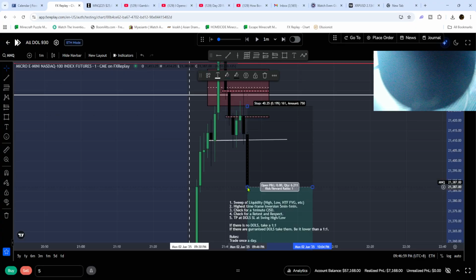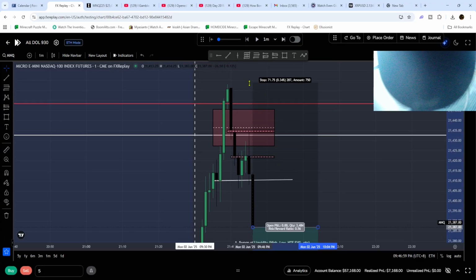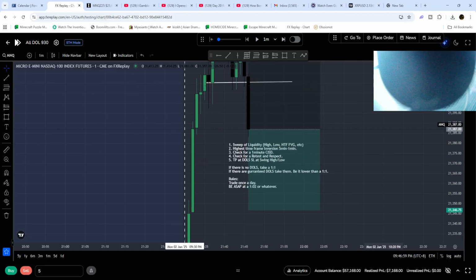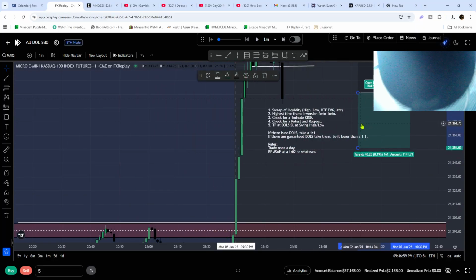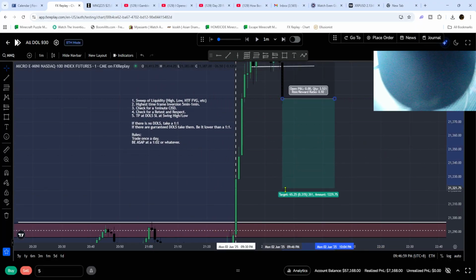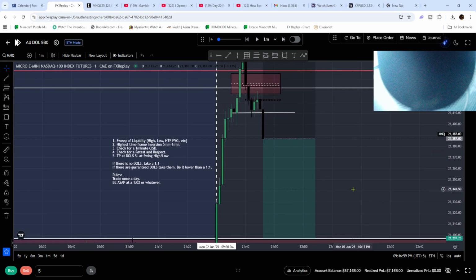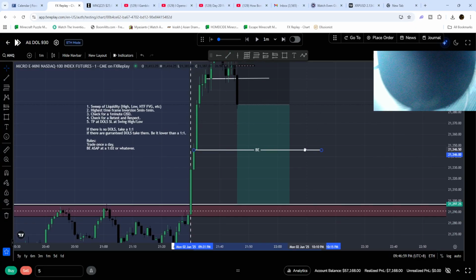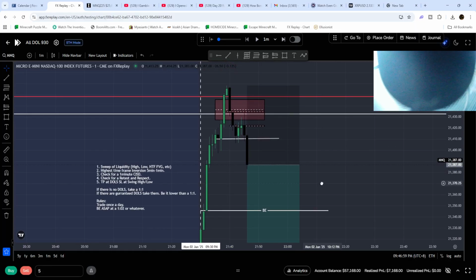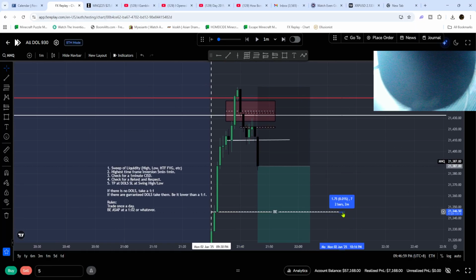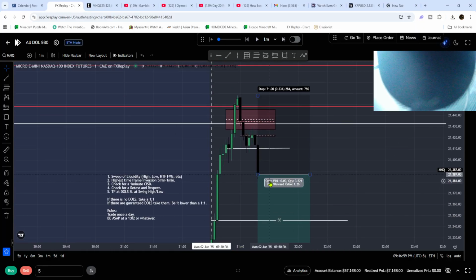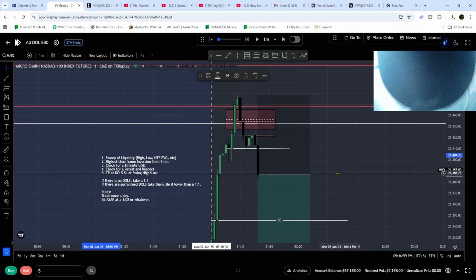You could take your trade, enter off of this. Stops at this high. TP at this low here. You'd probably break even somewhere here at this low. Okay, so wherever I break even, I must always take partials.